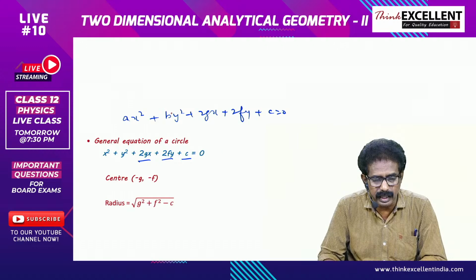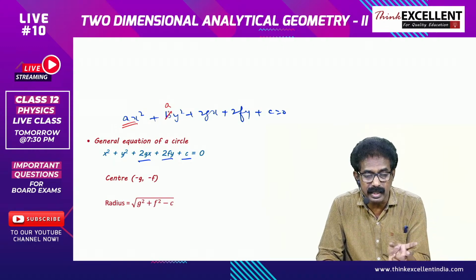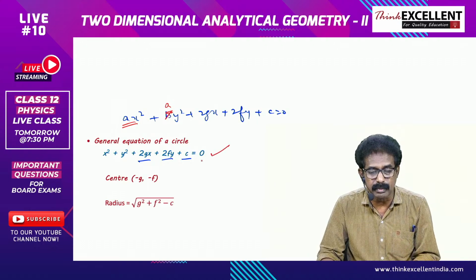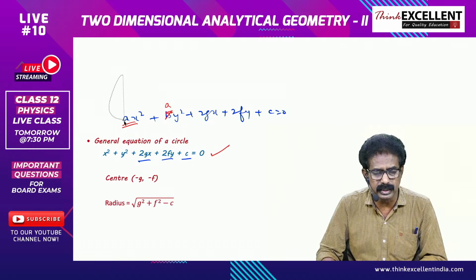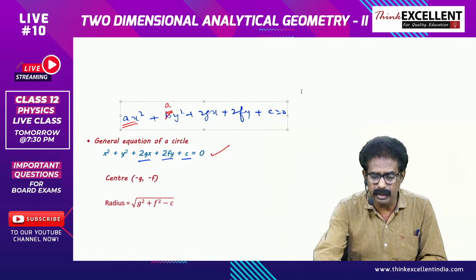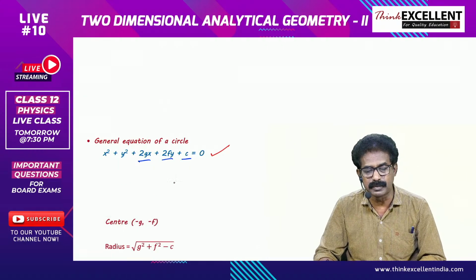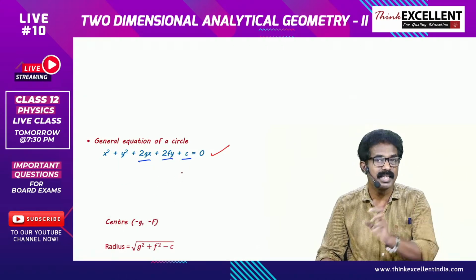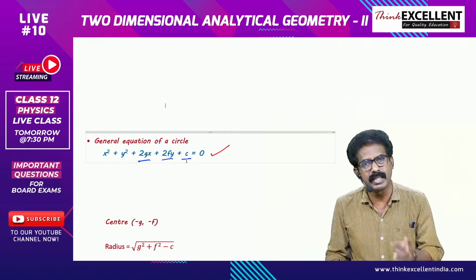So both are a, and you can divide by a. If you divide by a, you will get something like this: x square plus y square plus 2gx plus 2fy plus c equals 0. So from this you can identify 3 letters. When studying pair of straight lines you identified 6 letters: A, B, C, F, G, H. But here only 3 letters.